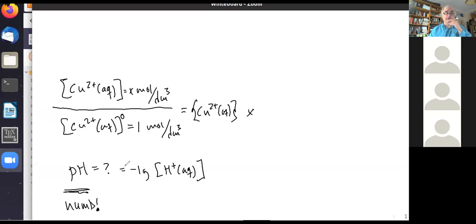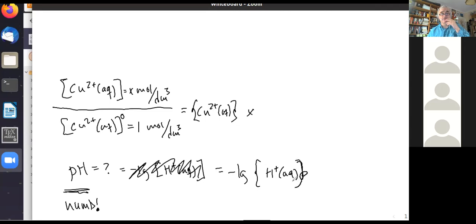Yeah, it's simply because this is just a simplification. It's the minus 10 logarithm of the hydrogen ion activity. These wavy brackets are difficult.